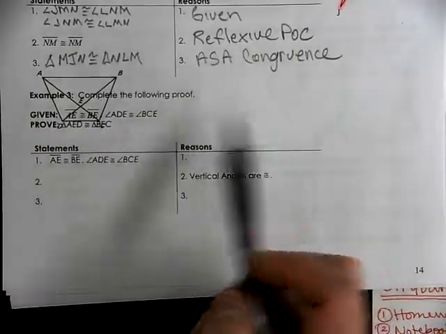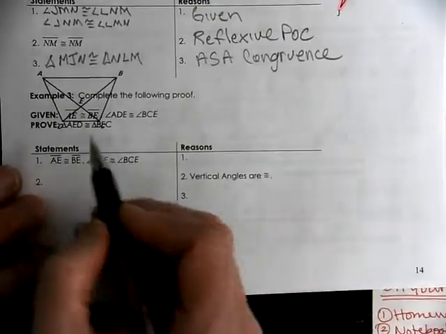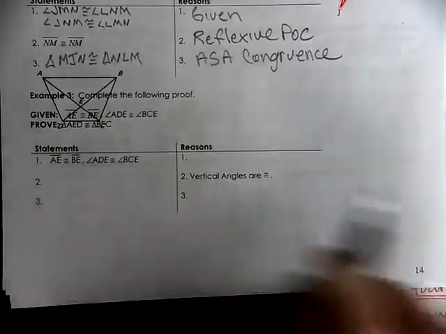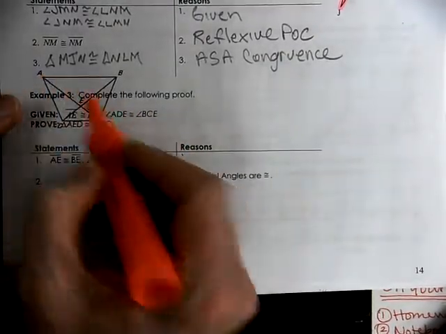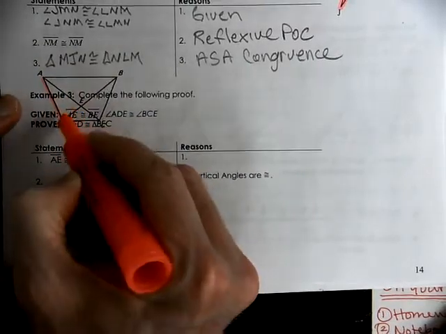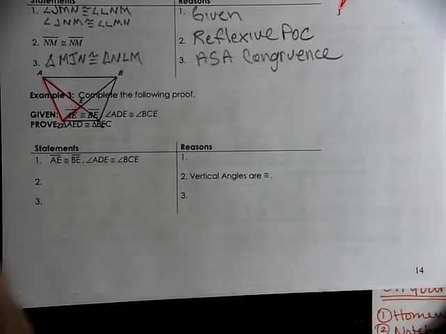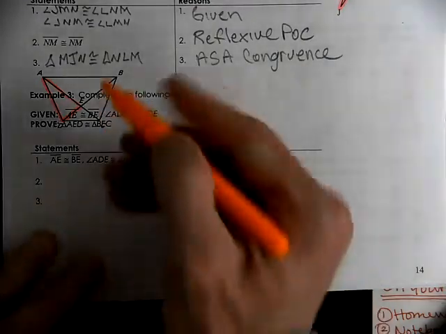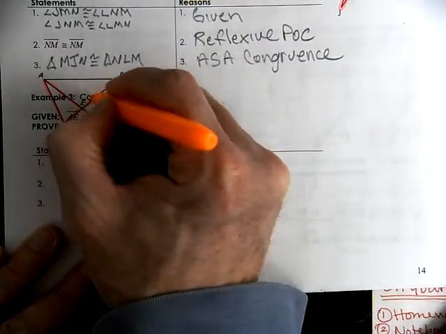Now here our picture kind of got moved over, not sure what happened there, but if you look at what we're trying to prove, we're trying to prove that triangle ADE is supposed to be congruent to another triangle, BEC.